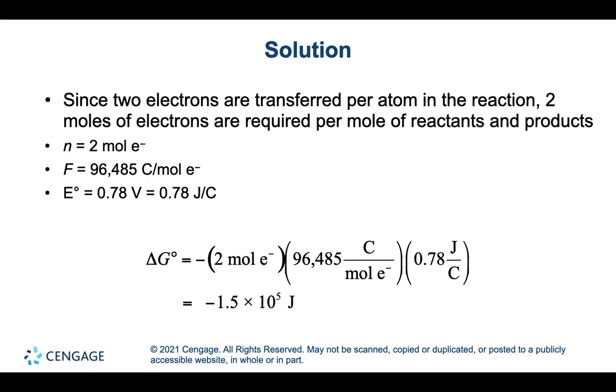So I'm going to use 2 for the n. I'm going to use 96,485 for the Faraday constant F, and 0.78 joules per coulomb, or 0.78 volts, for the E naught. Multiplying these together, I get 1.5 times 10 to the 5th. Canceling units, moles of electrons cancel, coulombs cancel. I see that my final unit for the delta G is joules, negative 1.5 times 10 to the 5th joules, or negative 1.5 times 10 to the 2nd kilojoules.